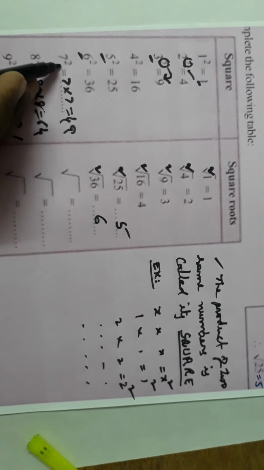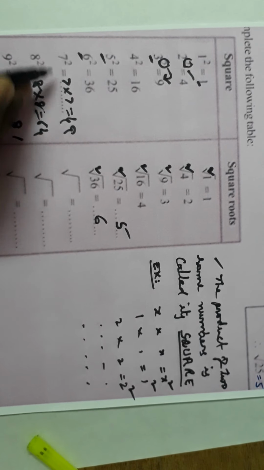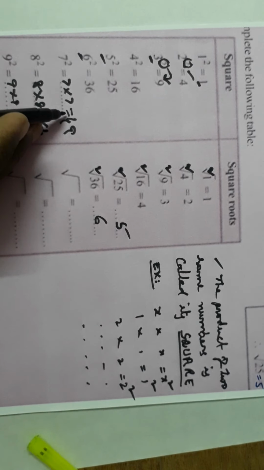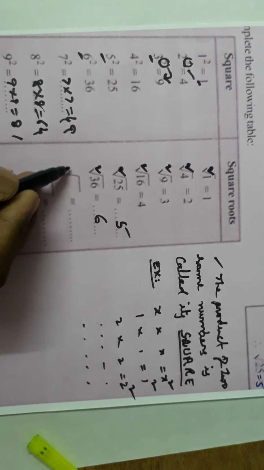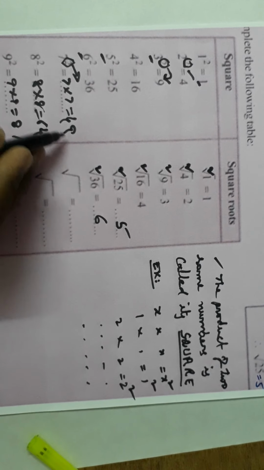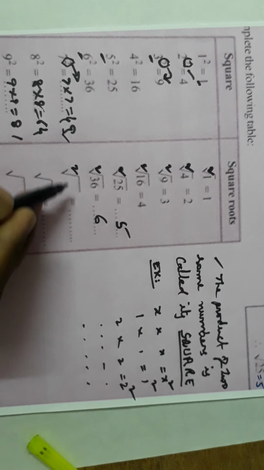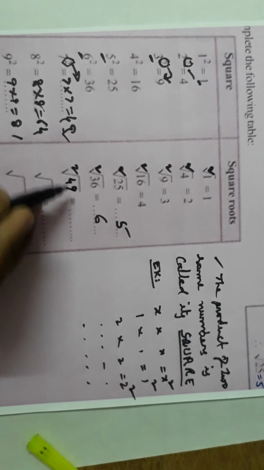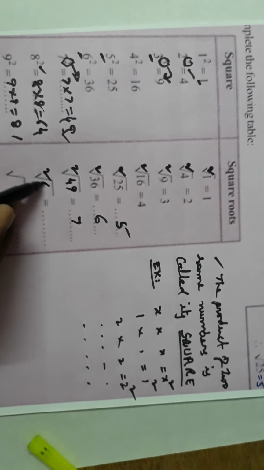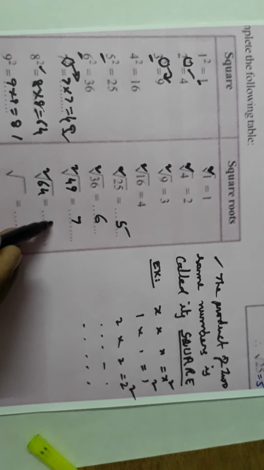Okay. 7 square is equal to 49. Write as: the square transfers to the other side. Square root 49 is equal to 7. Square root 64 is equal to 8.